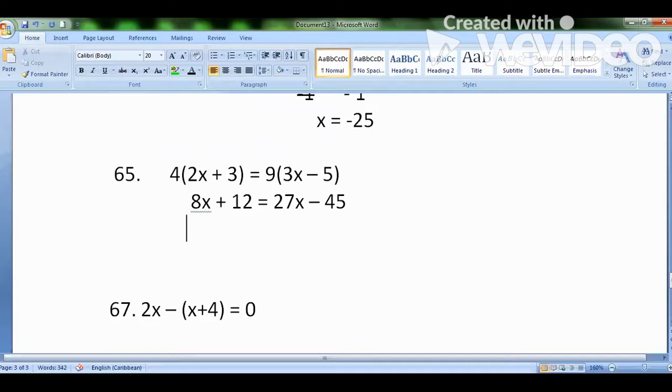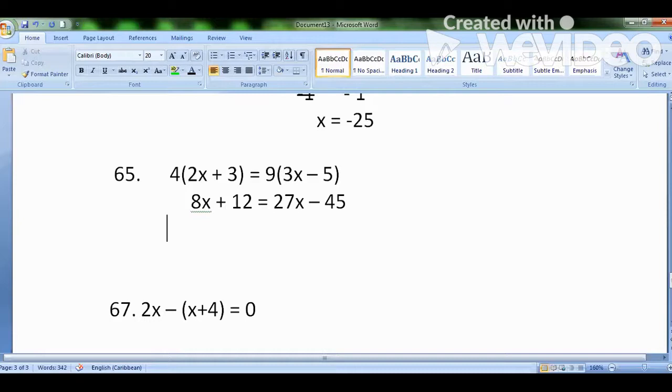So next I'm going to remove the x from the left side. So you want to put all x's on the right and all the numbers on the left. Right.